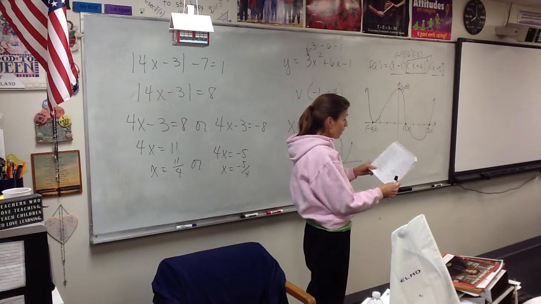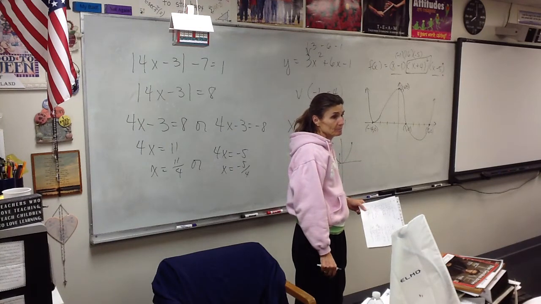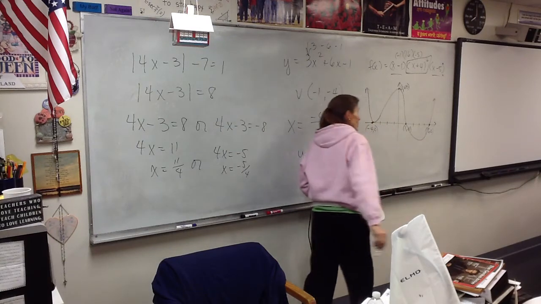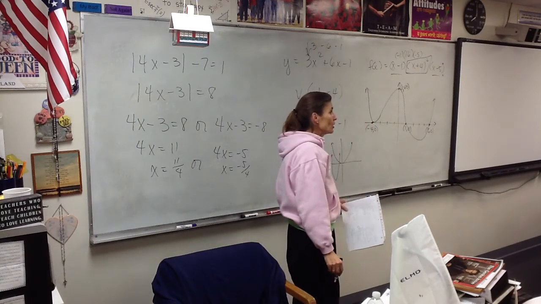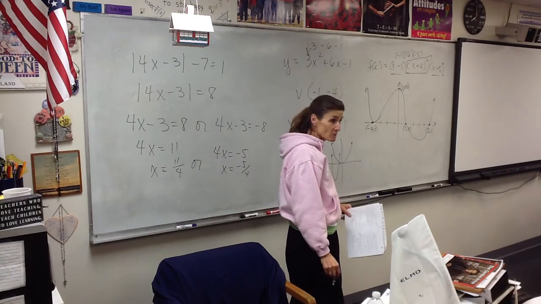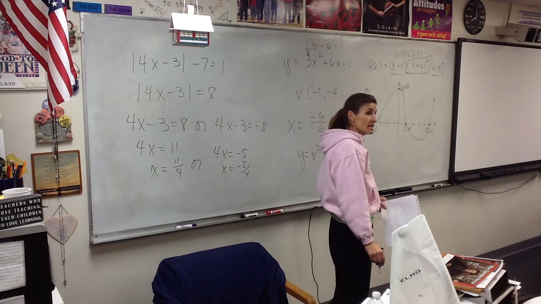Now, where is the graph tangent to the x-axis? Right there. We did not refer to those as points of tangency. We call them bounce-off points, but that's what a tangent is.